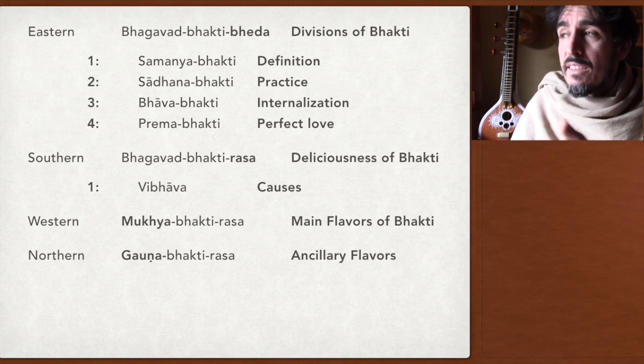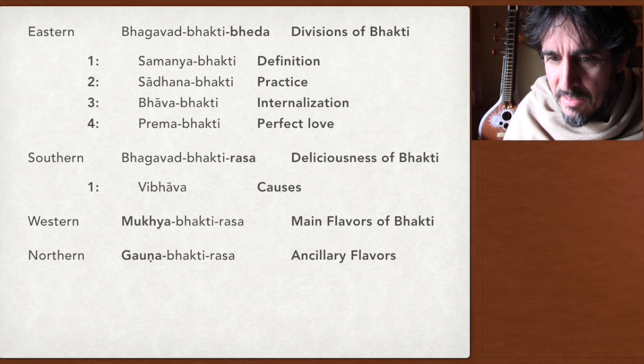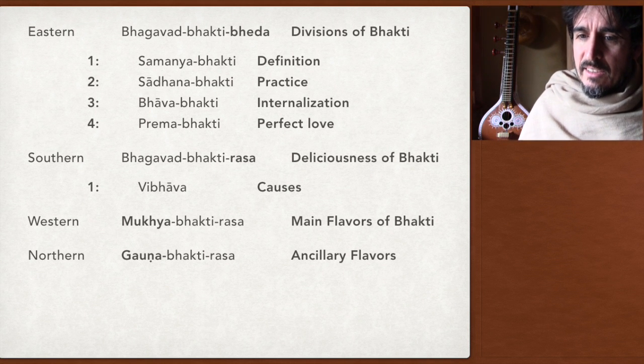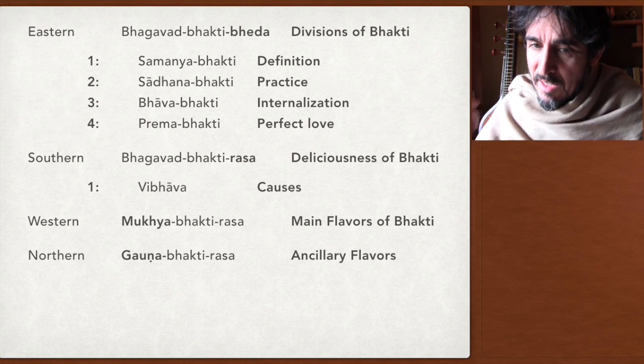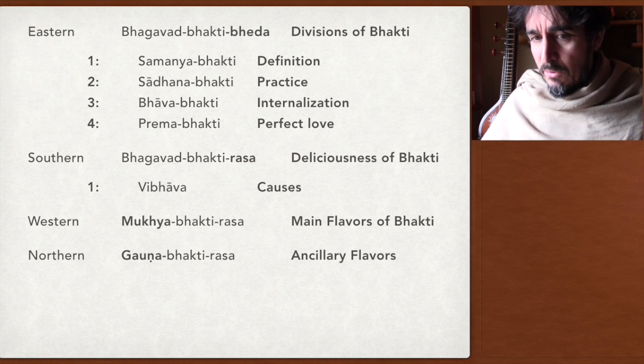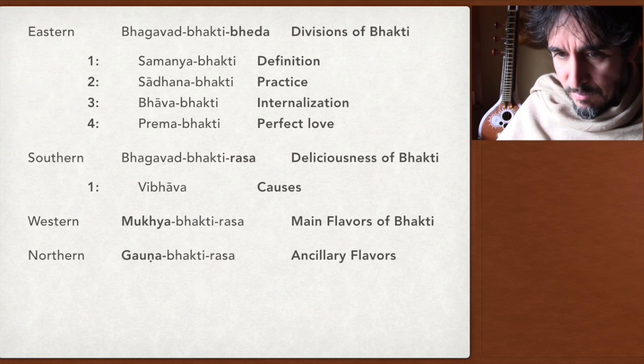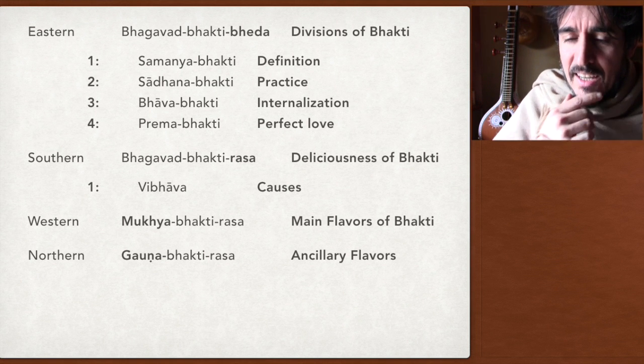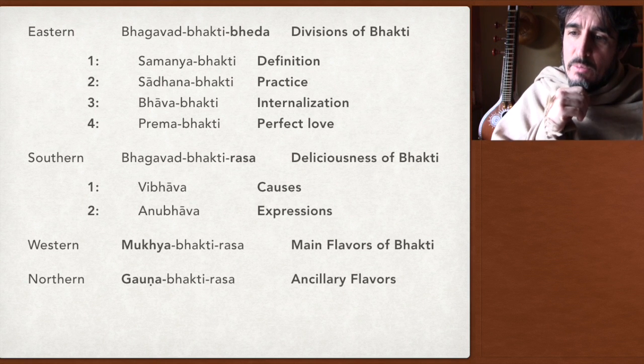So, for example, seeing the child might be a cause that stimulates the feeling of love. That's going to be explored fully in the first wave of the Southern Sea.